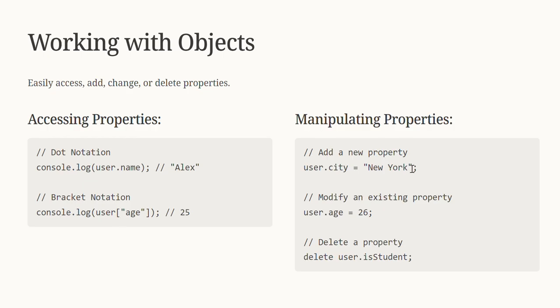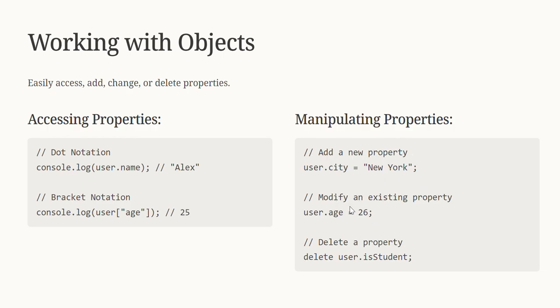So how to manipulate the properties of the objects? We can add new properties or new key value pairs to existing objects in this way: object name dot key equals value. This way we can add new properties.